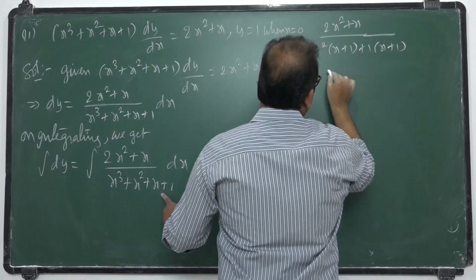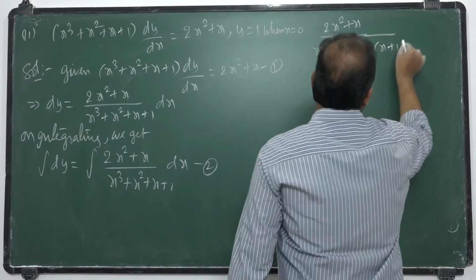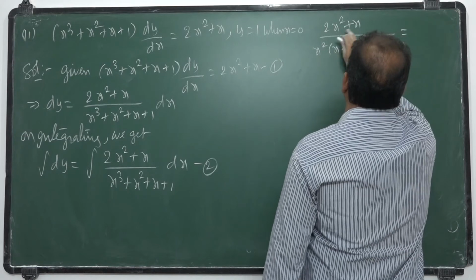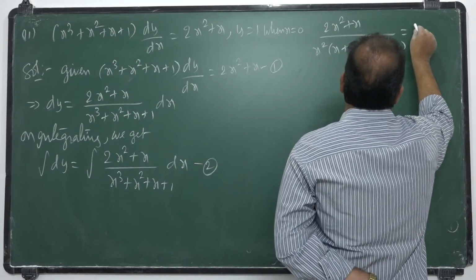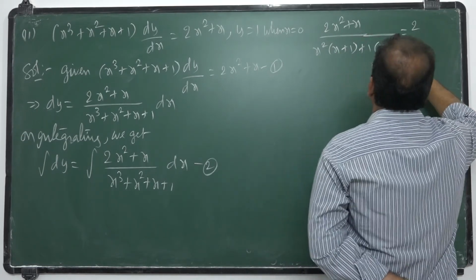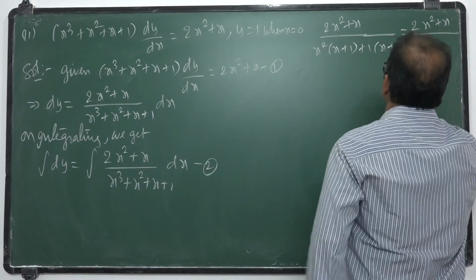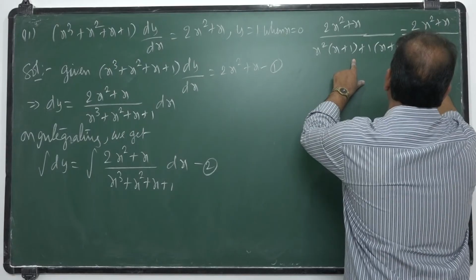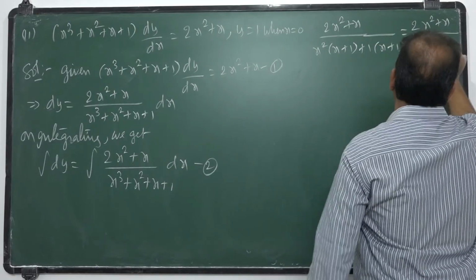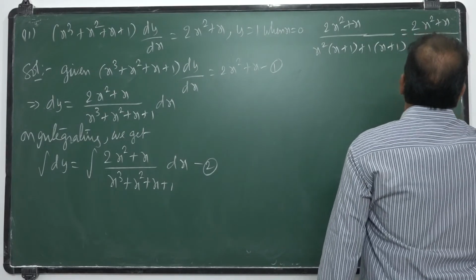This is equal to, in the numerator also we take x common, or write it as 2x square plus x by (x plus 1) into (x square plus 1).